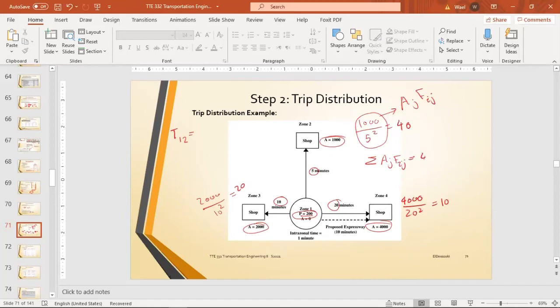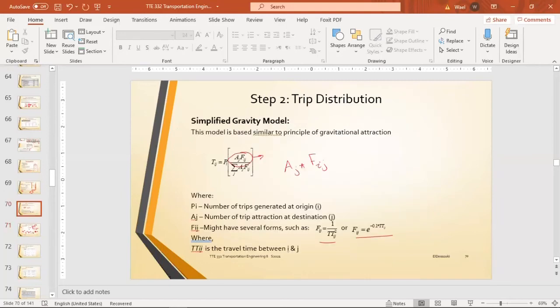So the summation will be 40 plus 20 plus 10. So this will be 70. The formula for the trip distribution is basically the production multiplied by Aj Fij, that's the pulling force, divided by the summation of all pulling forces.